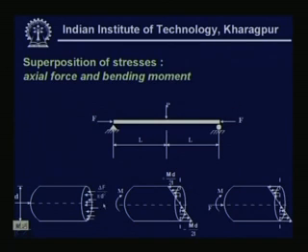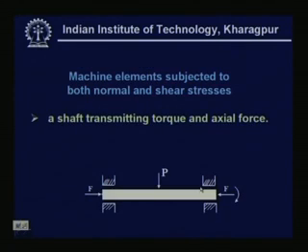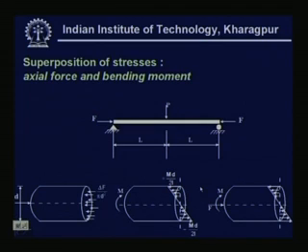Similar to what we have seen for the strain, there will be a uniform stress of delta F by pi d squared, and the bending stress will be My by I, where y is d by 2 and I is the moment of inertia about the neutral axis. So, this is the bending stress distribution. You can see a uniform distribution, these two magnitudes are the same, and this magnitude is superimposed.